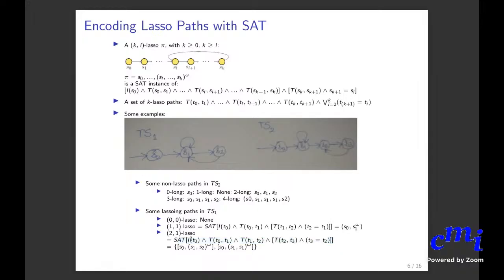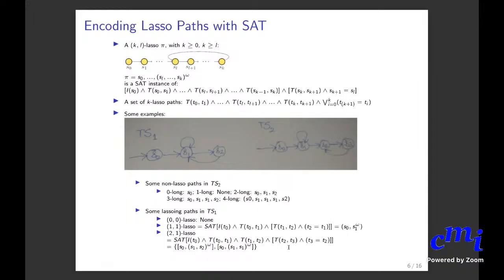That is, you go from S0 till S2, that is a 2-long k path, and then check if the successor of S2 is any one of the states that appear in the prefix up to S2.